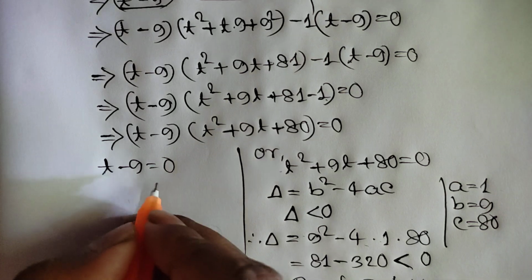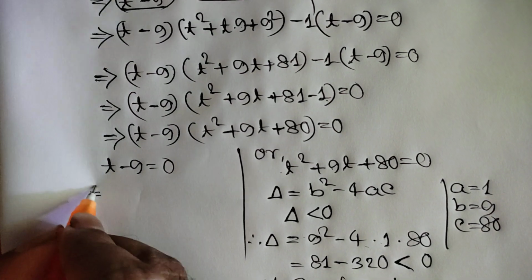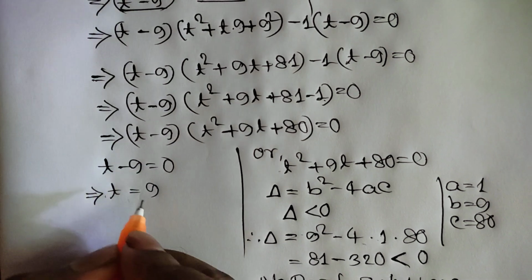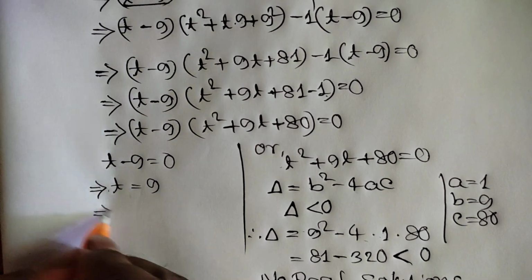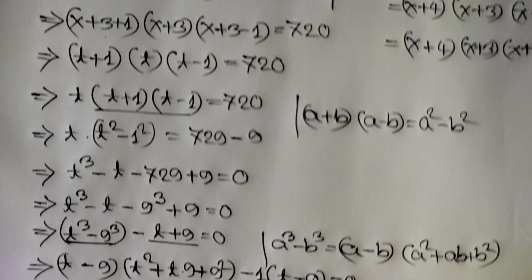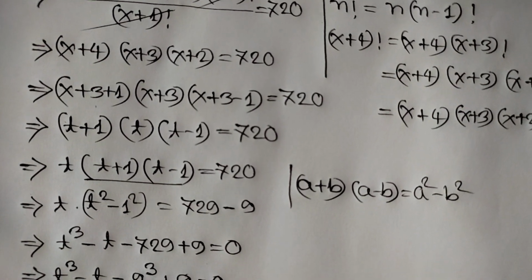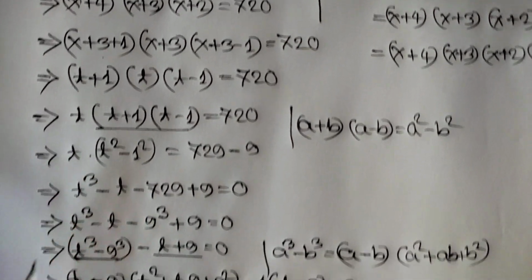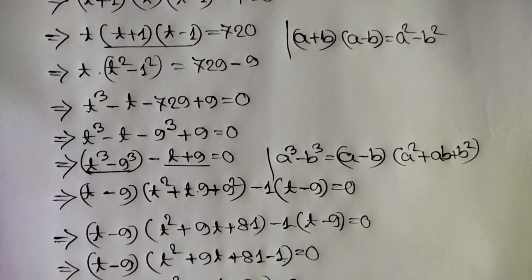Now t-9 is equal to 0, or taking this negative 9 to the right side, we will get t is equal to 9. But remember, let t is equal to x+3.